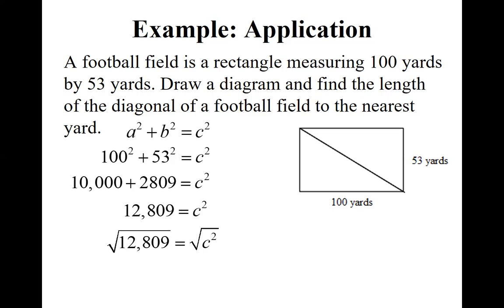The square root of 12,809 is 113.17, and 113 would be what we have to the nearest yard.